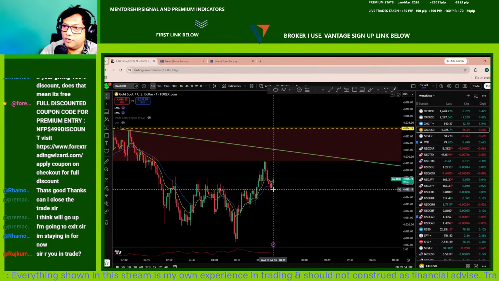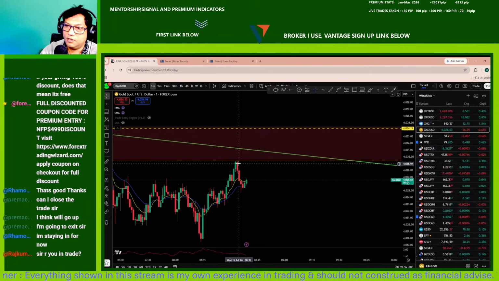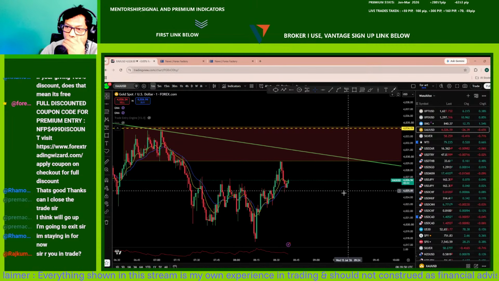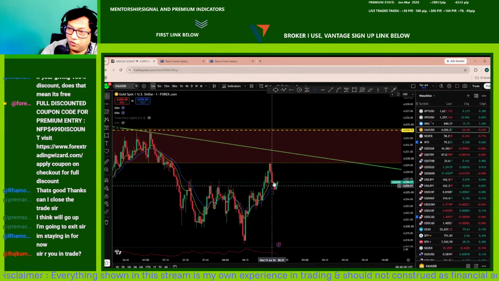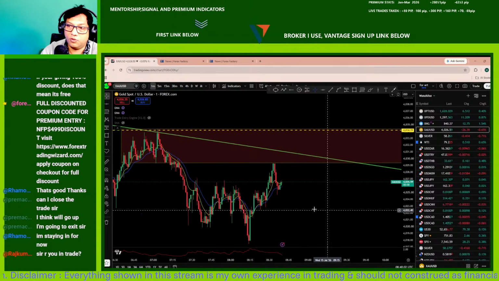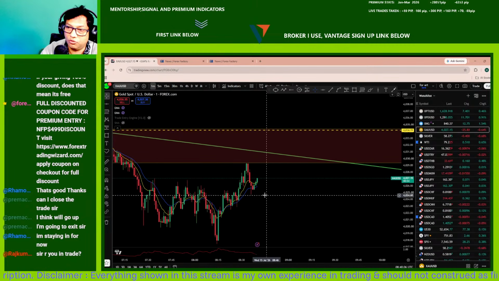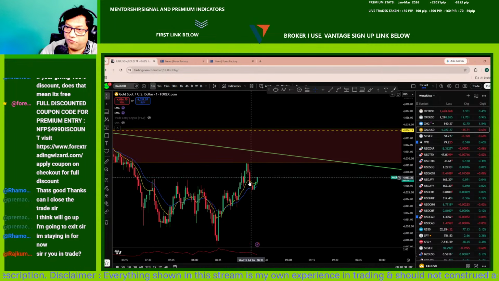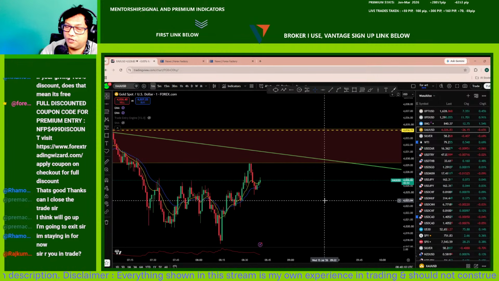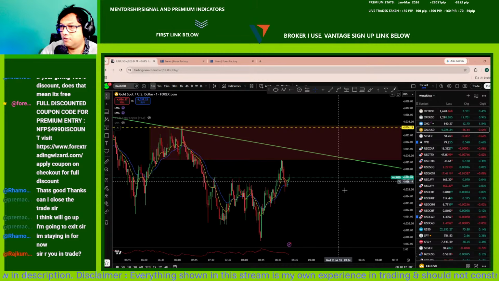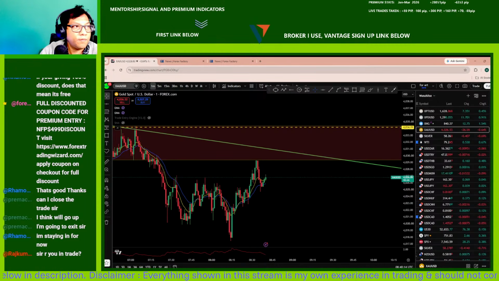So if you look at here, you can see the market, there's a break of structure, and this is a break of structure for this uptrend. You have not entered this because the major trend here is bearish. So for this move, I will not be entering because the market can reverse at any point in time.